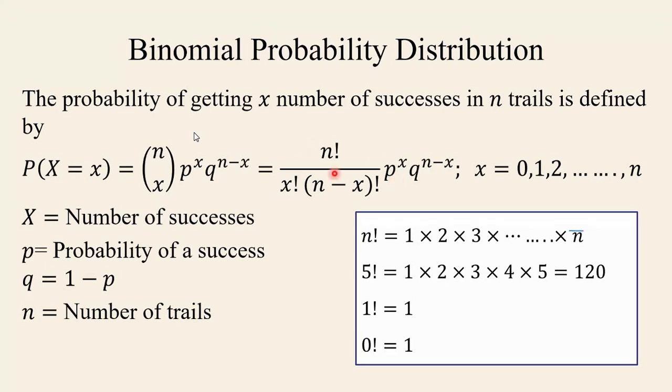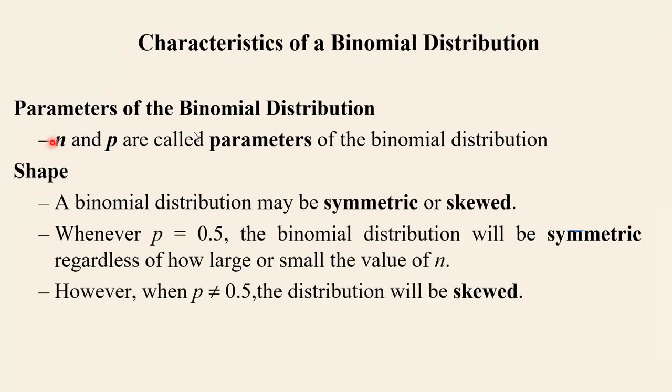Similarly, for any binomial random experiment, if we want to get x successes, we have to know this n and p. If we know these two things, then we can calculate any probabilities. That's why these two things are called parameters. So n and p are called the parameters of the binomial distribution.